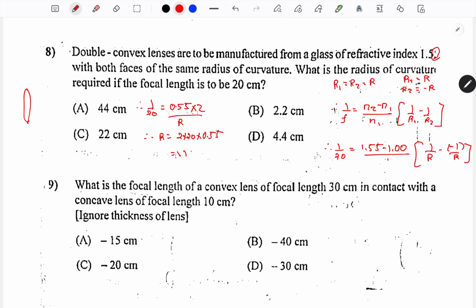The answer will be 1.1 multiplied by 20. So it will be 22 centimeter. So answer C.